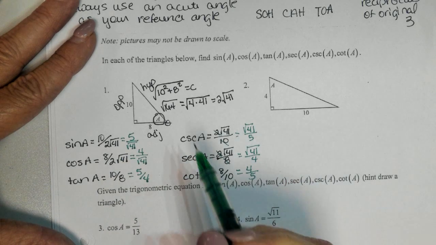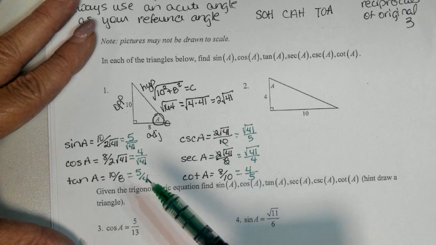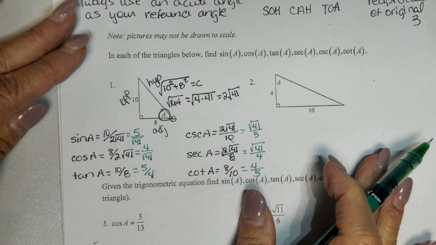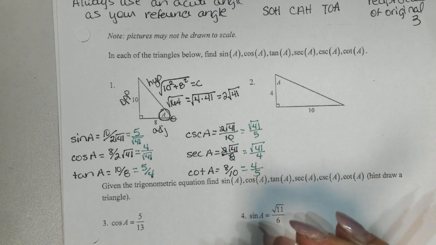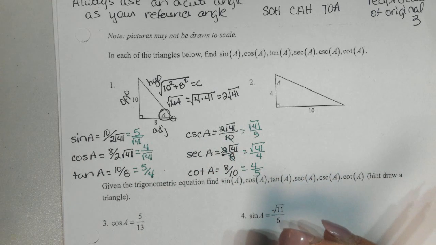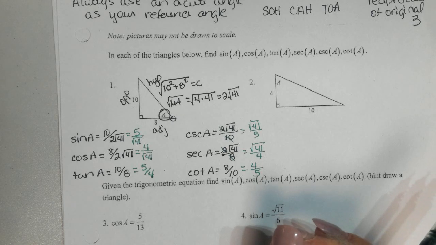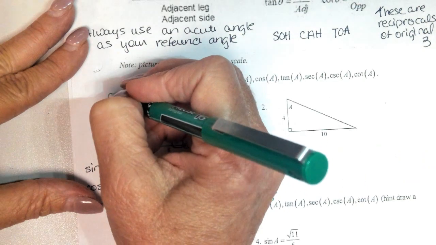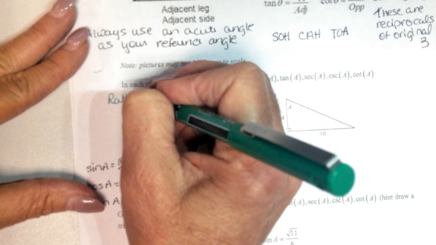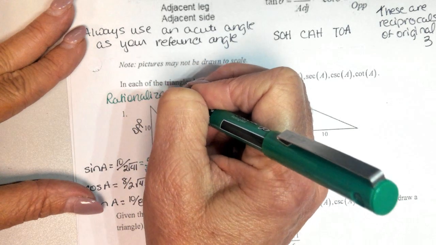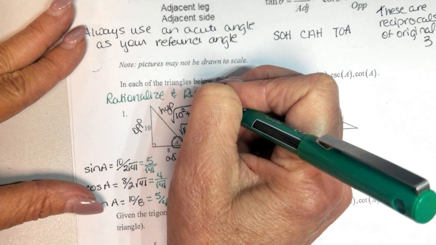Now, the problem is we have a radical in the denominator. If I'm going to leave this answer as such, I need to eliminate the radical in the denominator. We call that rationalizing. So you want to be able to rationalize and reduce. We've already reduced.